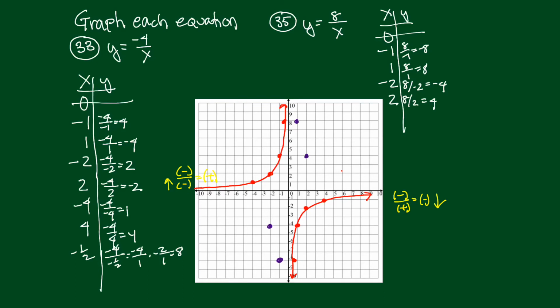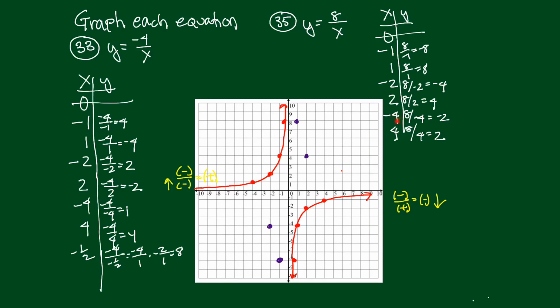Now, again, like we did in the last one, I don't want to put in the 3's, because if I put in a 3, you see it's just awkward. 8 over 3. Pick a number that will divide nicely into 8, like 4. So let's choose 4's. We'll go out 4 in both directions. So let's go to negative 4 and positive 4. If I put that negative 4 back up here, we'll get 8 over negative 4, which is negative 2, and then 8 over positive 4, which is positive 2.